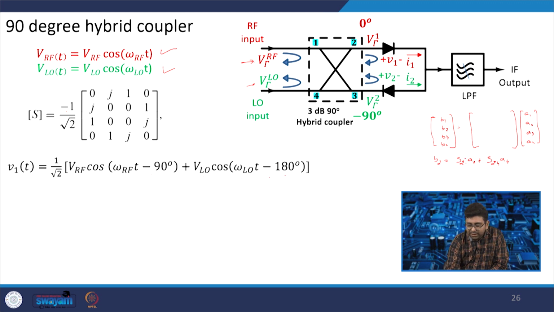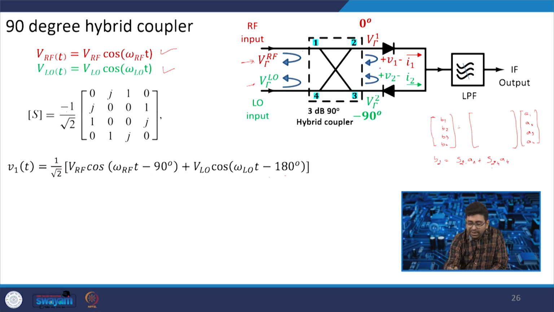It is the same thing with A2. We have multiplied S21 with cos omega RF t, which is at port 1, and we have multiplied cos omega LO t with S24, that is minus 1 by root 2. So, 1 by root 2 we can take at the output.